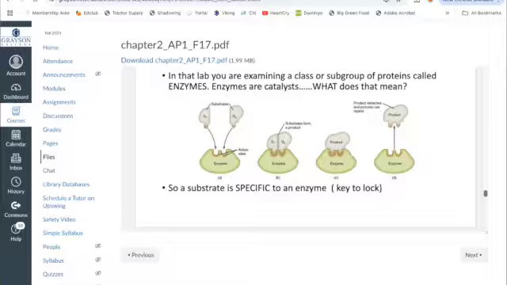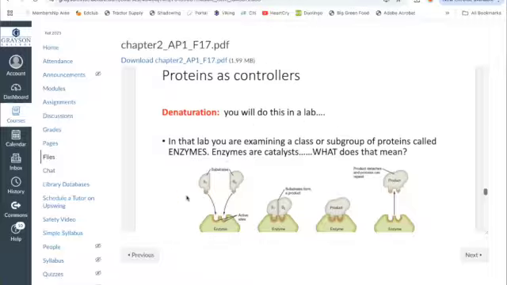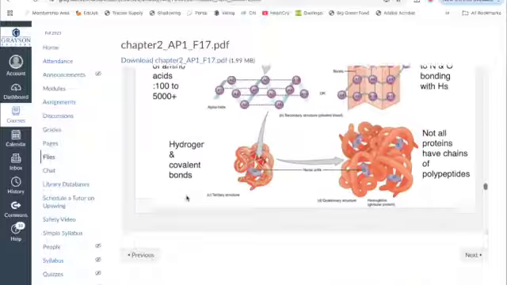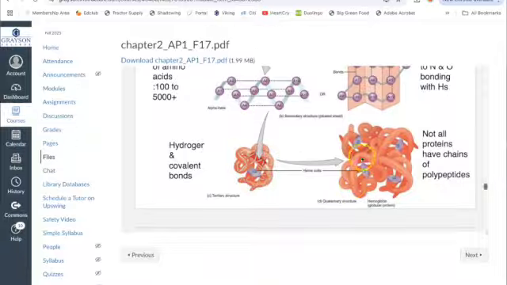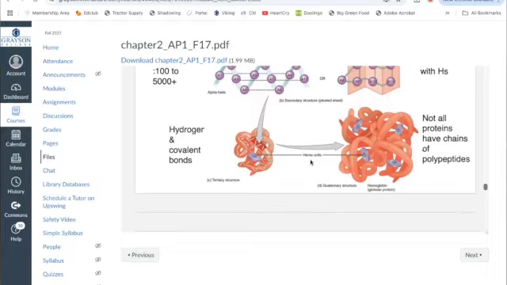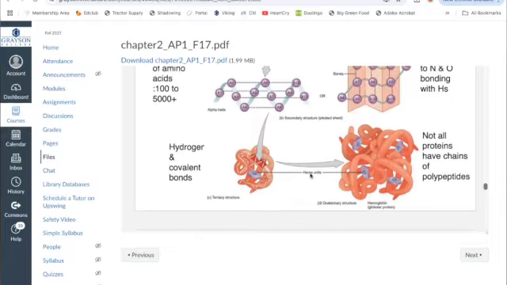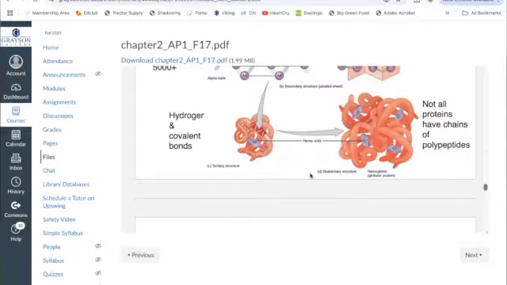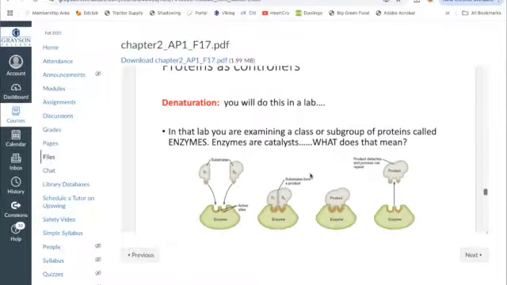Going back to this, don't forget each protein has a unique shape. The shape of the protein dictates its function. For example, a fork. You don't use a fork to drink soup, because the function of the fork is to poke your food.